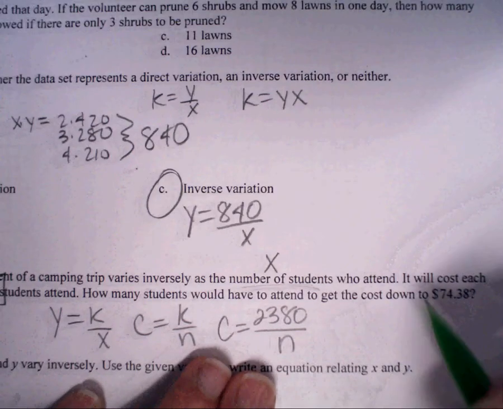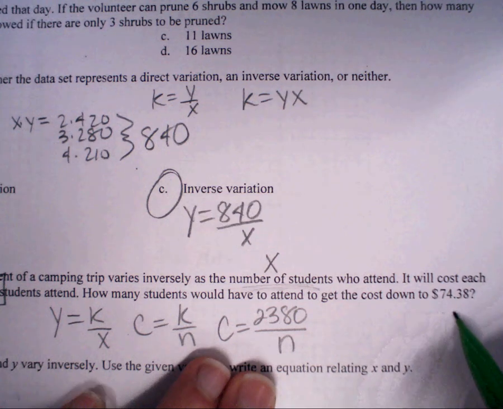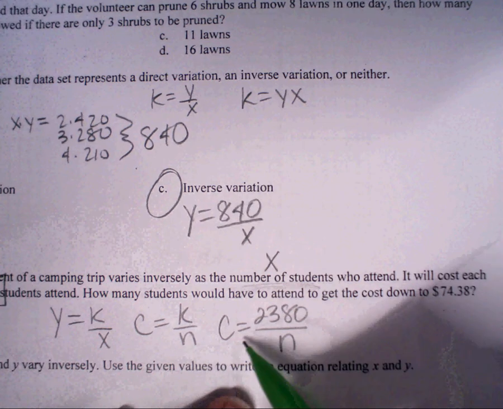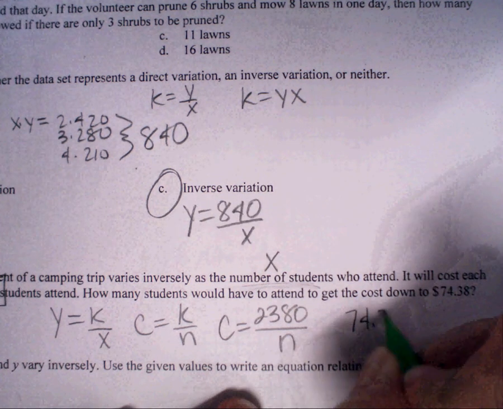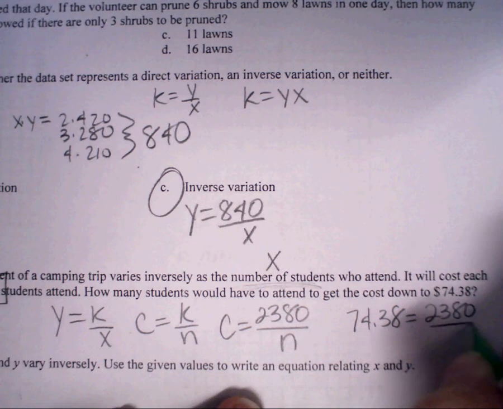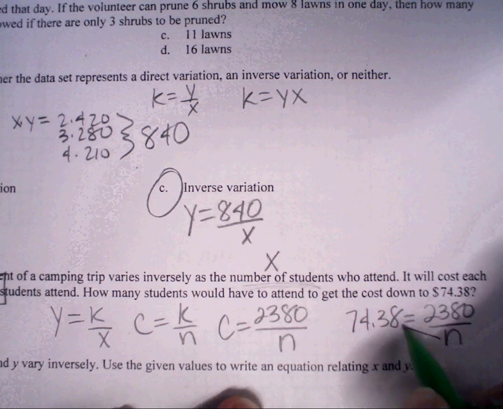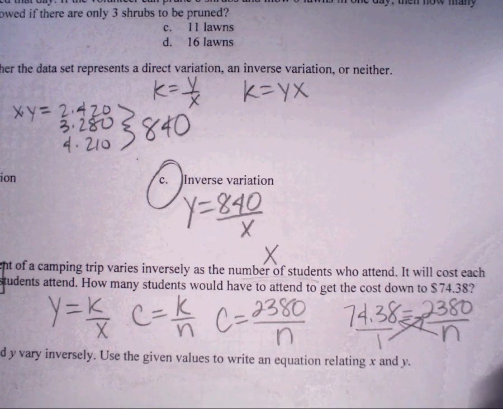So then it asks us to find, to get the cost down to 7438. How many students would attend? So it says the cost is 7438. Okay, and so then in order to solve this, you could make this a proportion and cross multiply and solve it.